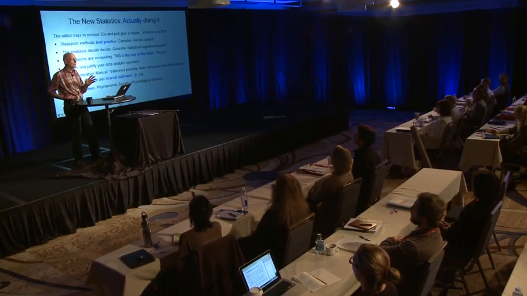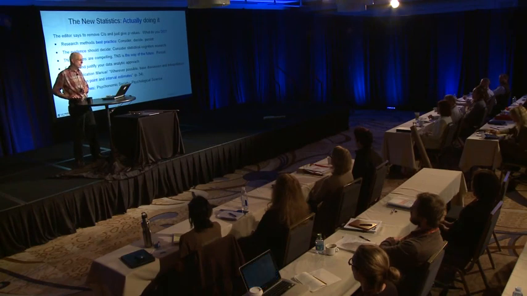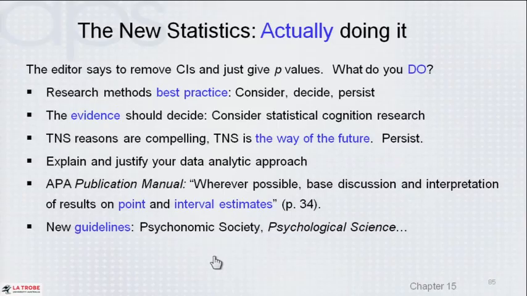So if you are interested in structural equation modelling or multivariate or whatever, there's a chance that I can suggest a couple of sources. And many of them are quite recent, so this is rapidly developing, and just quite recently we're getting more and more possibilities of doing estimation in many situations. And what you should do, of course, is to explain and justify your data analytic approach, maybe with some references to back it up.